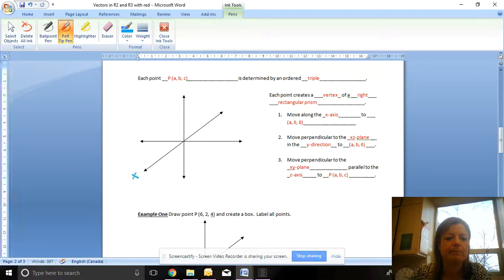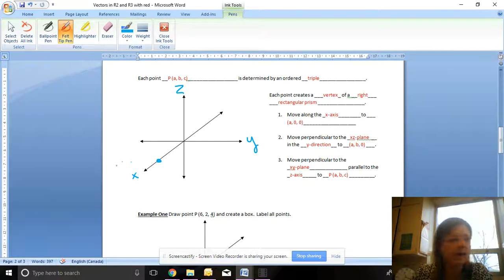Label these as X, Y, and Z. It's going to be really important at the beginning to remind yourself where they are. So the first thing you do is move along the x-axis. For the purposes of this demonstration, I'm just going to assume that all of these coordinates are positive. So I go until I get to this point.